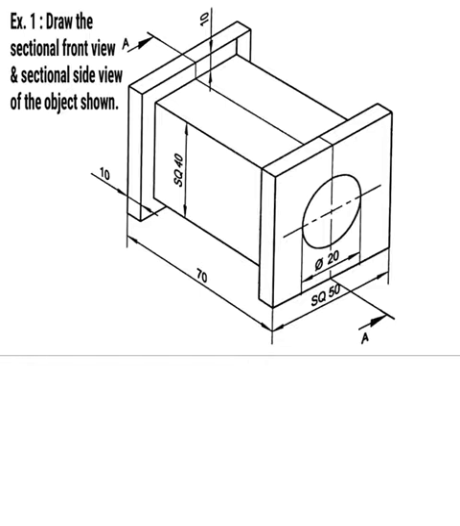So we need to draw first its sectional front view, and after that we need to draw its sectional side view. As we draw our orthographic view, here also we should place our sectional side view beside our sectional front view.